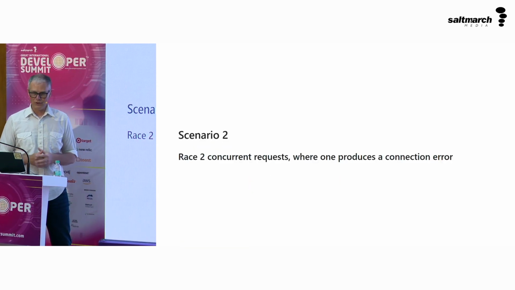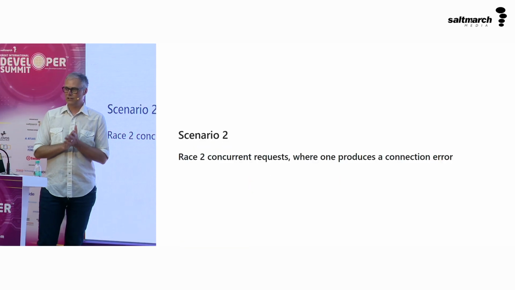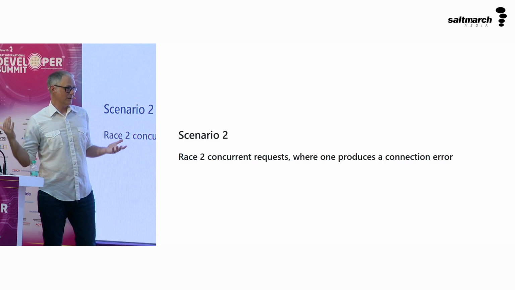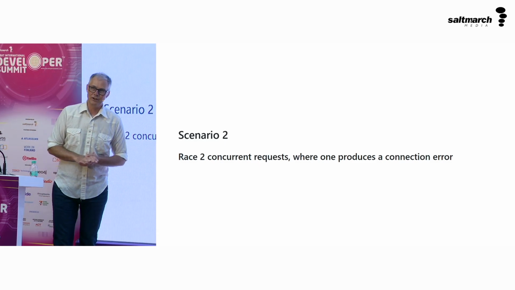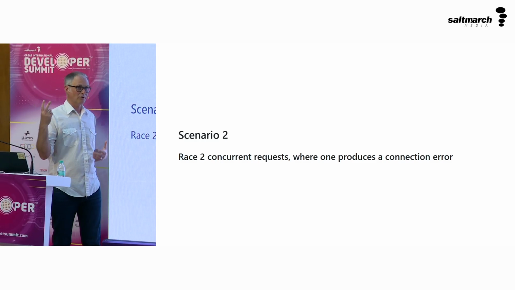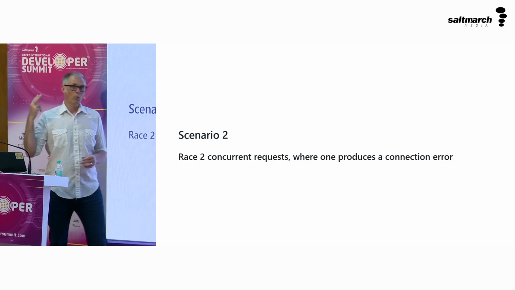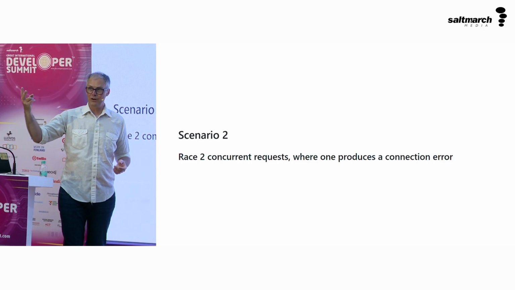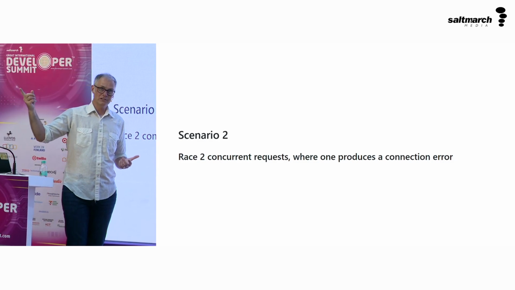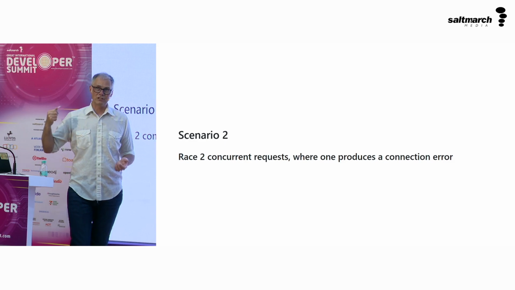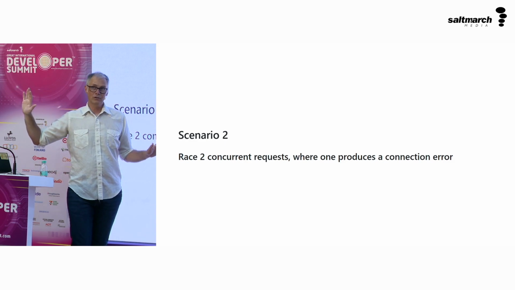Let's go on to scenario 2 in Easy Racer. We're going to do something very similar to scenario 1. We're going to race two concurrent requests. But in this case, as soon as we open those two concurrent requests, one of them is going to close from the server side. The server is going to say, close, I'm done.